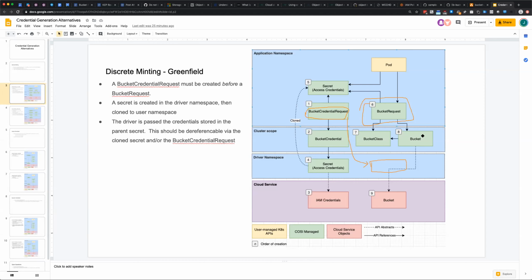Even with the same thing, like GCS, you might in some cases support workload identity, in other cases support secrets. So there really is a whole class of problems about how you represent credentials that are independent of whether or not the bucket gets provisioned.